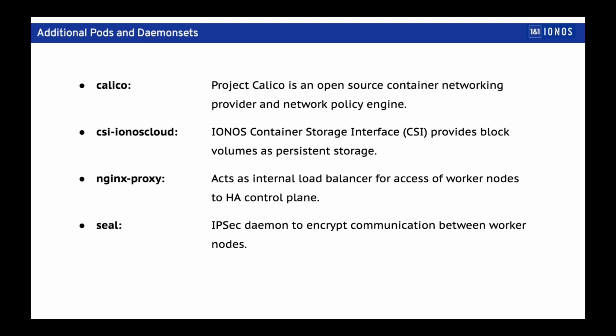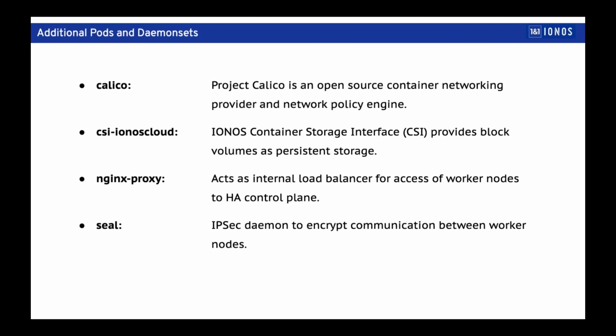The first one is a set of pods, daemon sets, and services actually, all starting out with the name Calico. As mentioned, Project Calico is the network provider that we're using inside the cluster, or it's actually the network policy engine. So it has a certain set of pods that are running there as a controller and as a daemon set on each of the worker nodes.